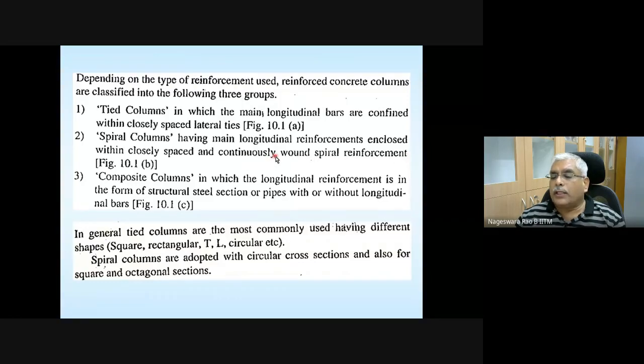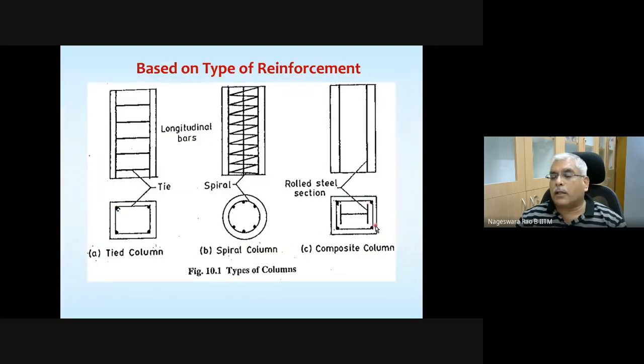It's continuous spiral reinforcement, continuous helical reinforcement. Composite columns, in which longitudinal reinforcement is in the form of structural steel sections or pipes with or without longitudinal rebars. Whatever figure we have seen, longitudinal reinforcement is also shown for generality, and also you have the ties.